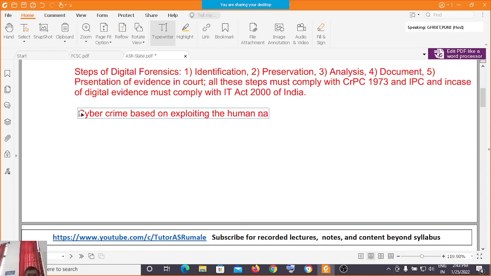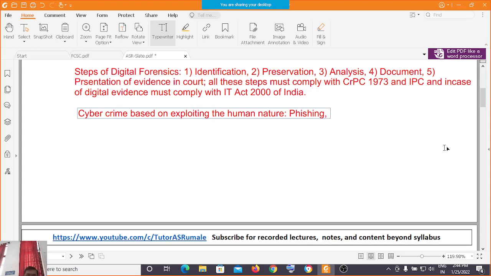Phishing is the best example of this, where people, out of their greed, go for a wrong offer and can become the victim of financial fraud.